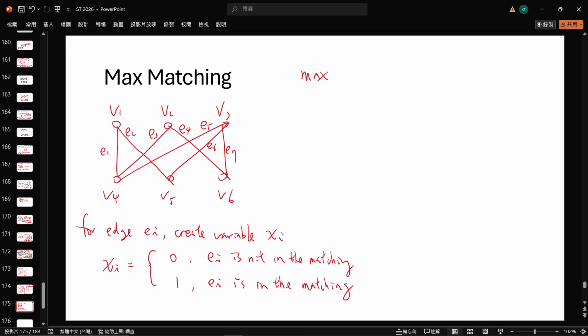Oh, sorry, the objective function here. So what's the goal of maximum matching? Right, it's just the sum of all the variables.